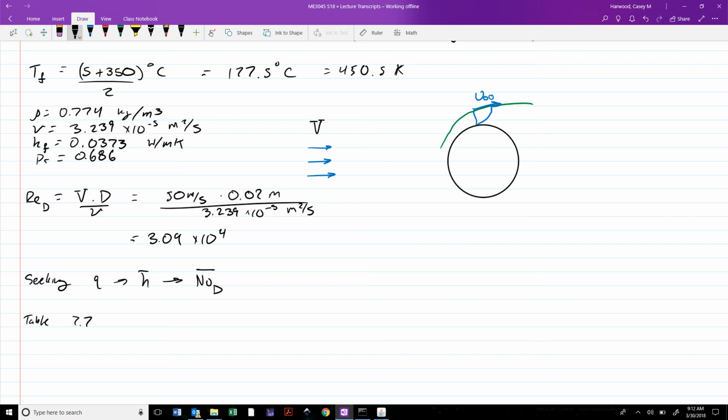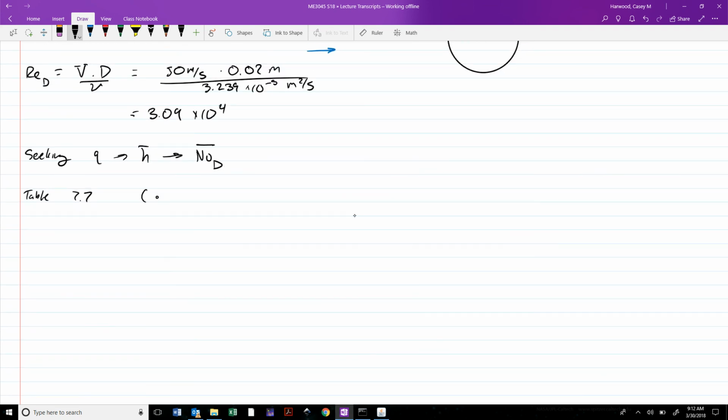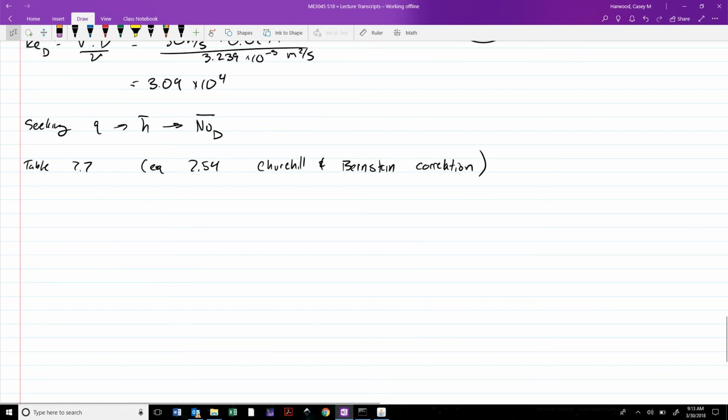Realistically, you can use any one of those 3, but to keep things consistent, I recommend using the one that is equation, I believe it's equation 7.54, and it is known as the Churchill and Bernstein correlation.